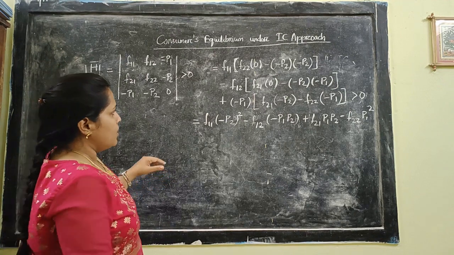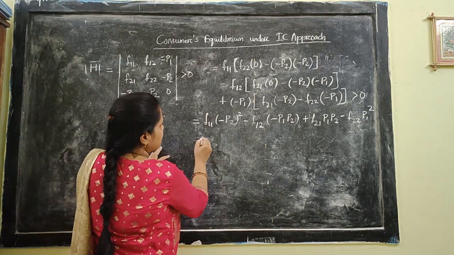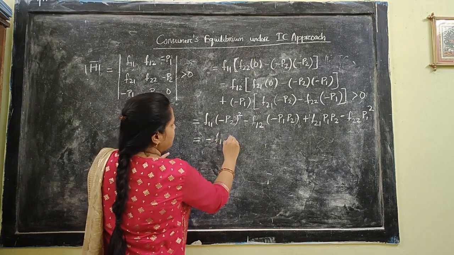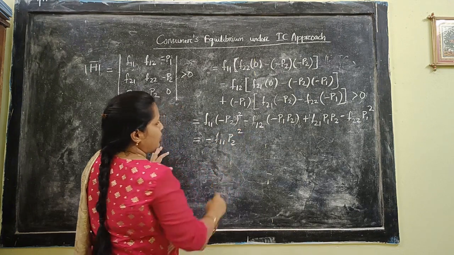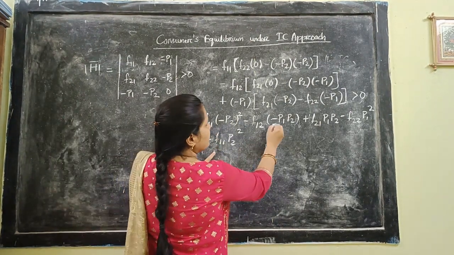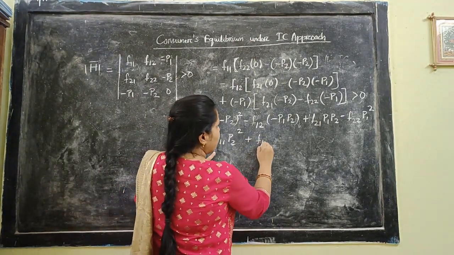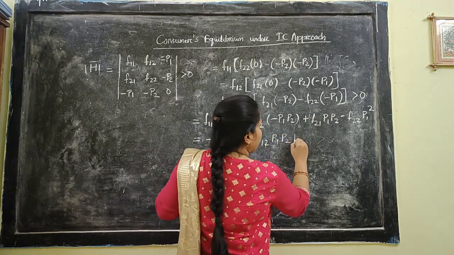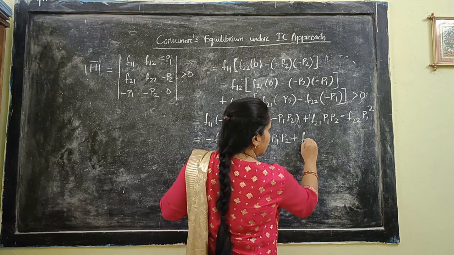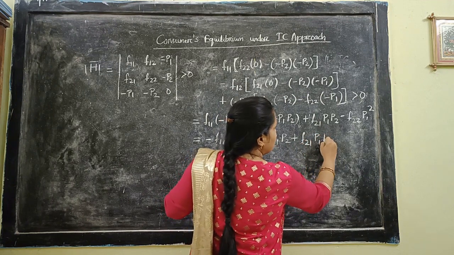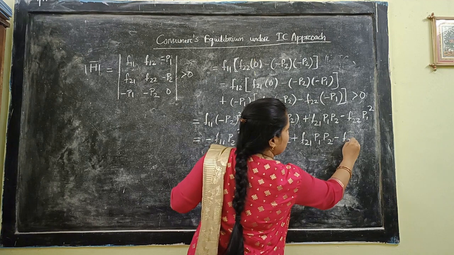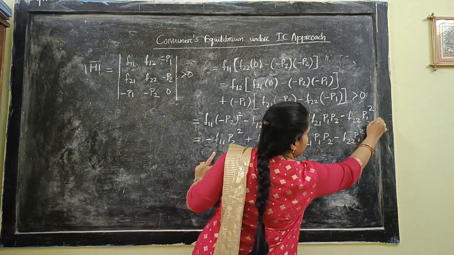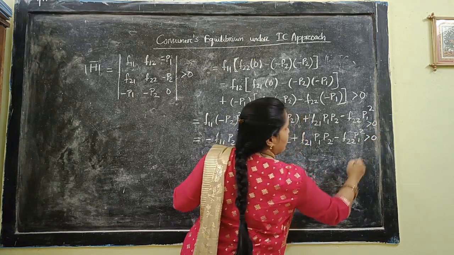So now again I am writing here. It is minus F11 P2 square, plus F12 P1 P2, then F21 P1 P2 minus F22 P1 square. I have left greater than 0 here, so you put it greater than 0 here, right?